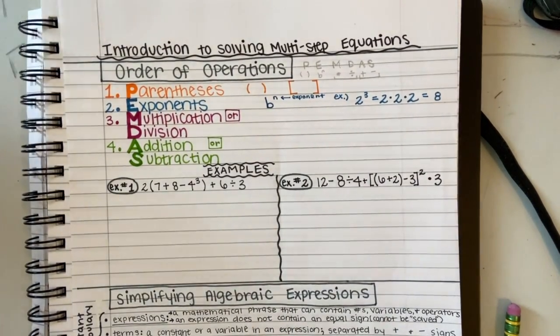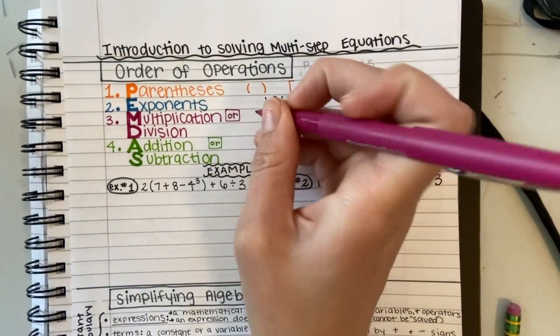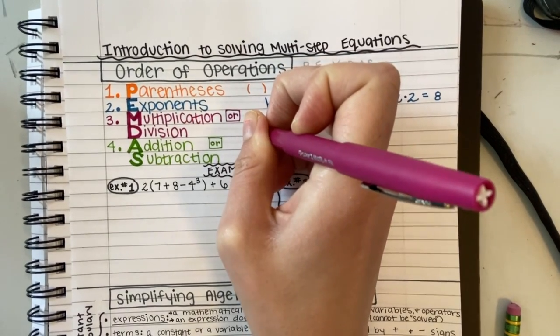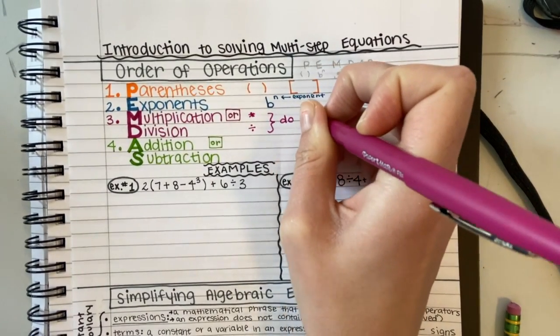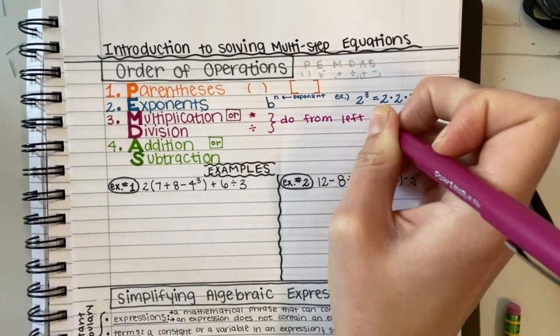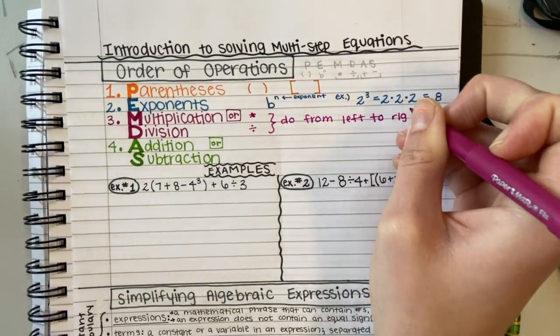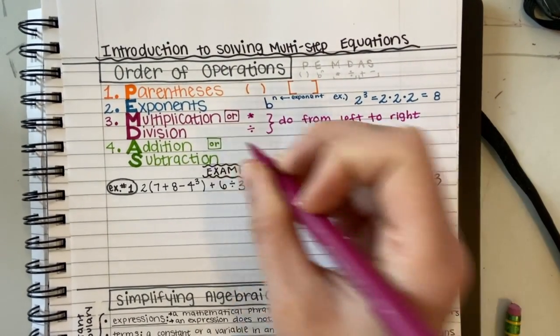The third thing we're allowed to do is multiplication or division. For multiplication or division, you're always going to move from left to right. So if division comes first, going from left to right, then the division goes first.